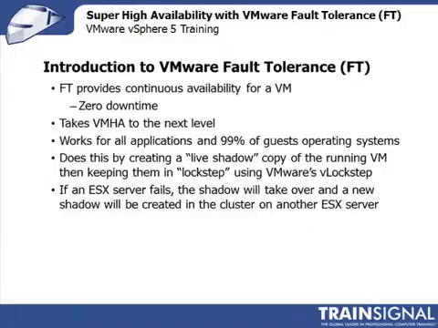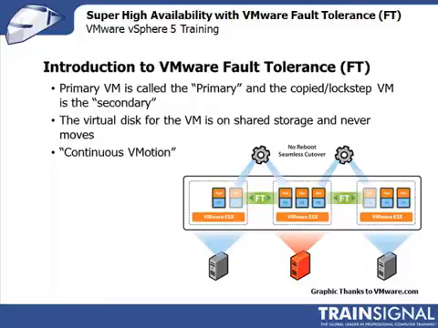Again, the virtual disk, or the virtual storage, for that virtual machine stays in one place. It never changes because it's on shared storage that both ESXi servers have access to. With VMware Fault Tolerance, the primary virtual machine is called, you guessed it, the primary, and the copied or lockstep virtual machine is called the secondary. So again, the virtual machines stay in the same place on the same shared storage and never move.